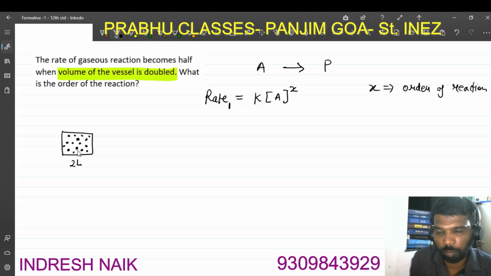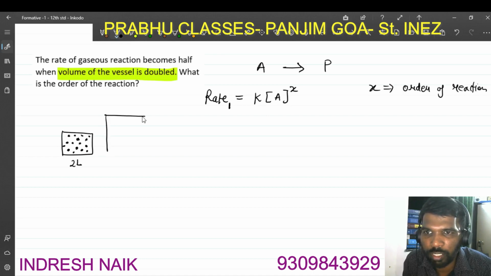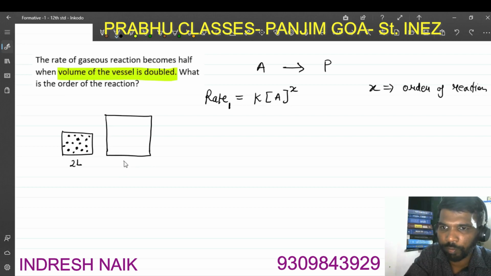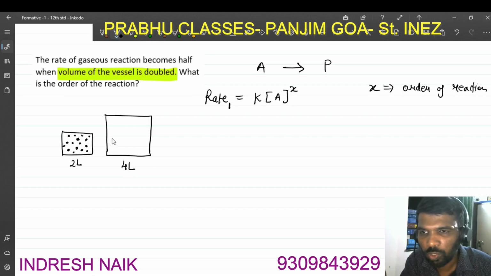So these are the particles in this certain smaller volume, 2 liter. Now you increase the volume. You are transferring it to some other container where the volume is not 2 liter, it is 4 liter. Now the same 15 particles.